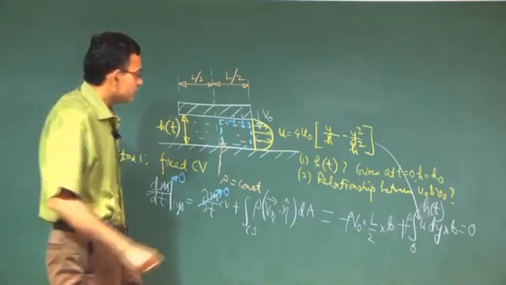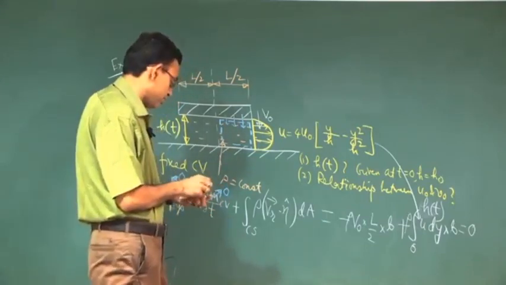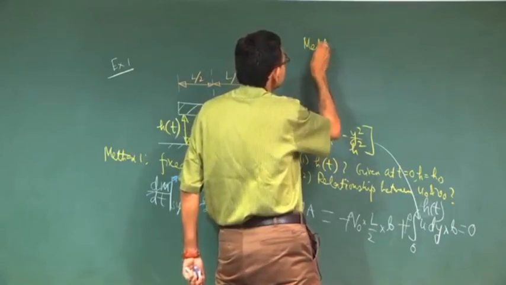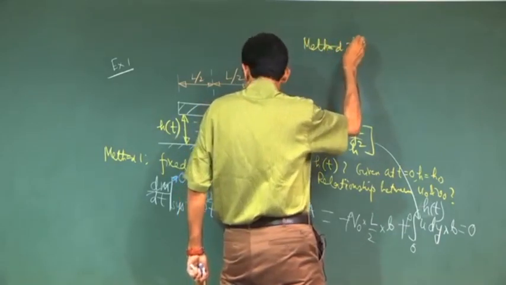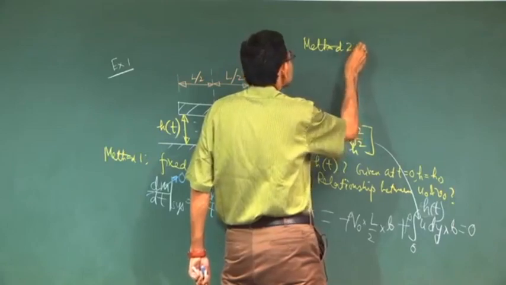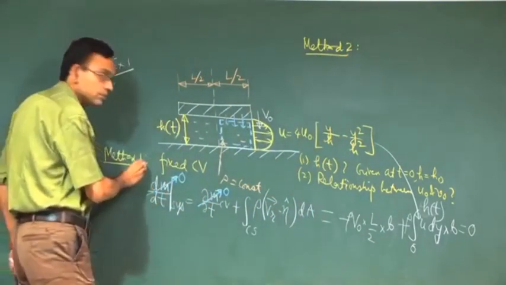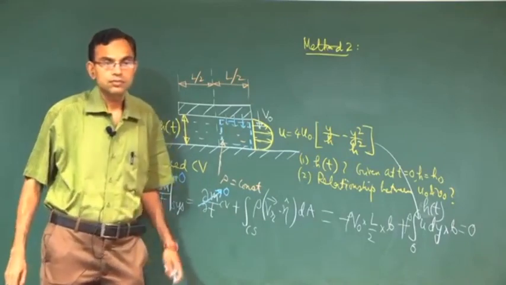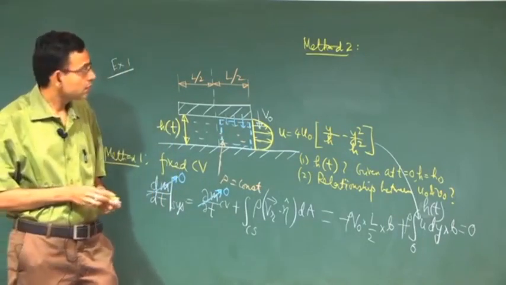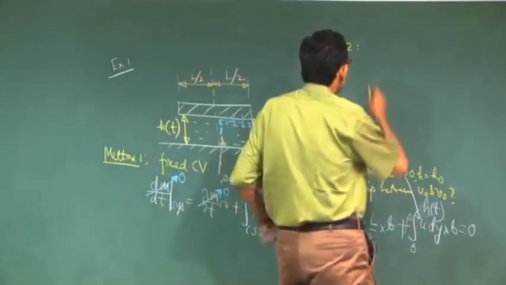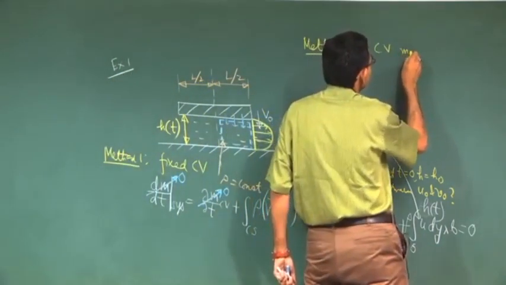Okay, now just for the sake of fun we will consider another method, method 2. Method 2 is control volume moving with the plate.